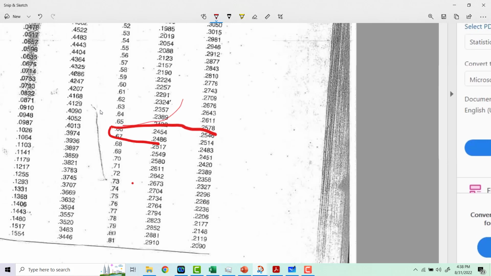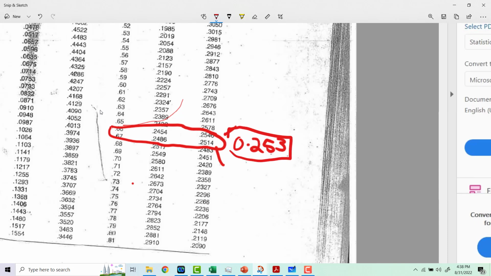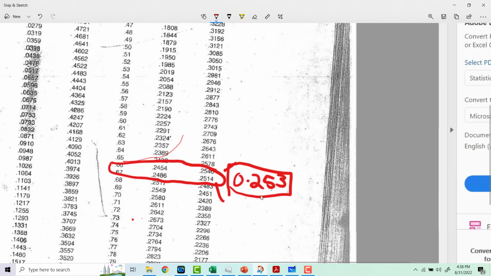I'm going to do it with Excel in a second, but I'm going to have to guess what this is. It's between 0.255 and 0.251, so I'm going to say 0.253. In an exam, I'll give anything. If you use either of these numbers or some guess between these numbers, it would be a correct answer. So this is like the bound for the correct answer. Just a quick note going forward for the exams. Okay, so 0.253 is our guess.